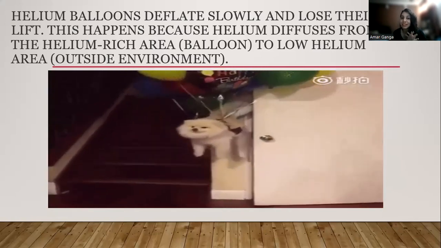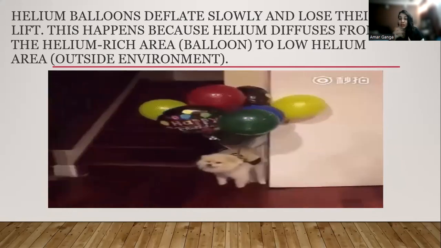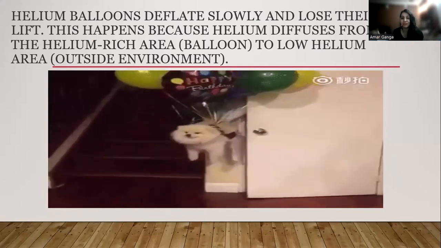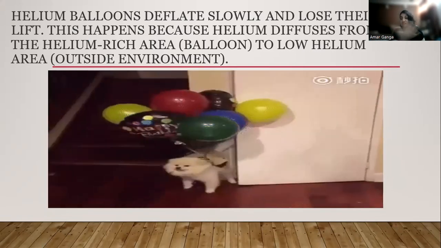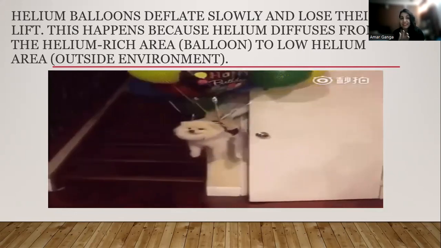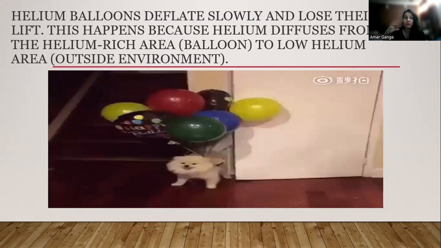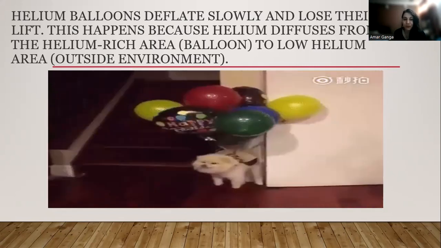Now you can see one more interesting example of helium balloons. So helium balloons start to deflate slowly and lose their lift because there is a high concentration of helium in the balloons. Okay, low concentration in the environment, and that is the only reason they deflate slowly and lose their lift. Okay, from higher concentration to lower concentration.